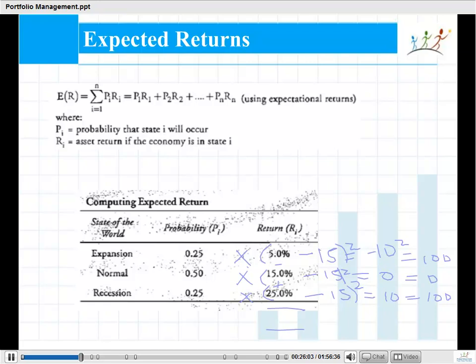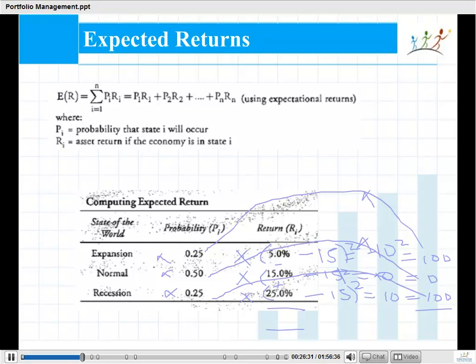Had the probabilities not been given, I would have taken a simple average. That is, I would have given an equal probability to each. I would have just summed them up and divided by 3. But if the probabilities are given, then you take the products with the probability and you sum them up to compute your average. So it will be 0.25 into 100, 0.5 into 0 and 0.25 into 100.